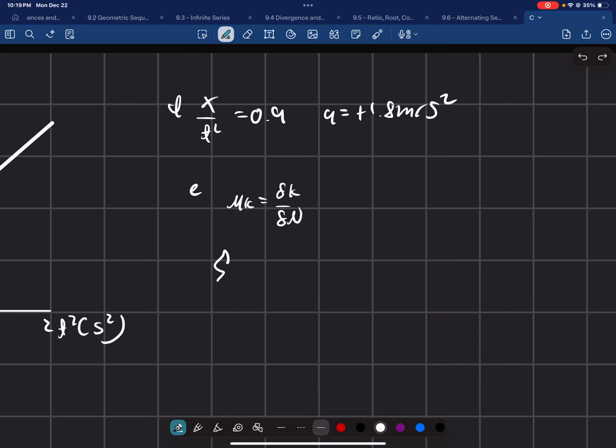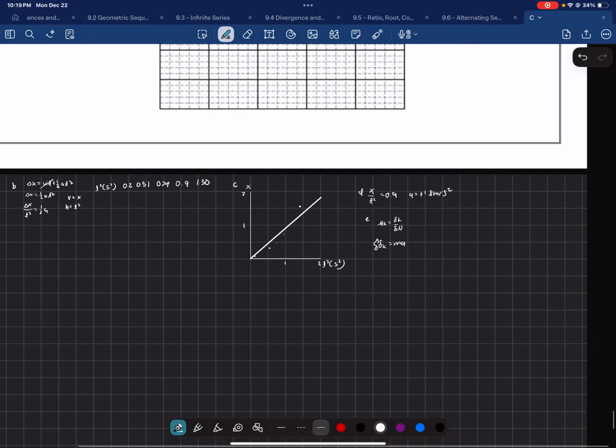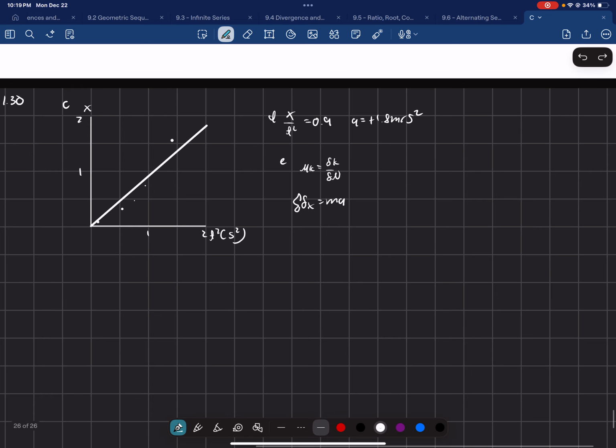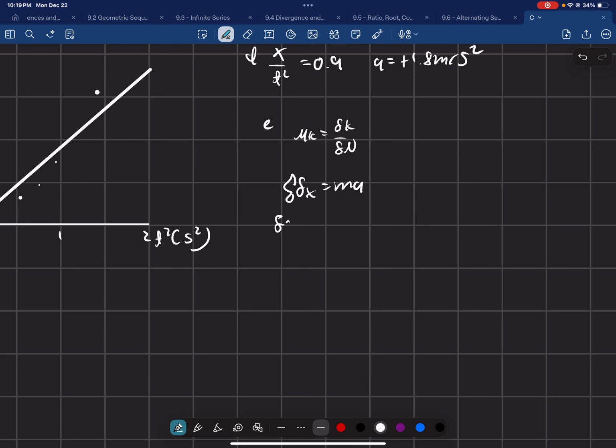The net force in the x-axis is equal to ma. Looking at this free body diagram, there's a horizontal component, so this would be F cosine theta minus F_k is equal to ma.